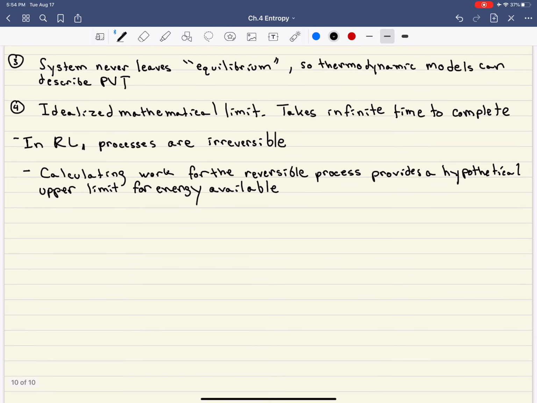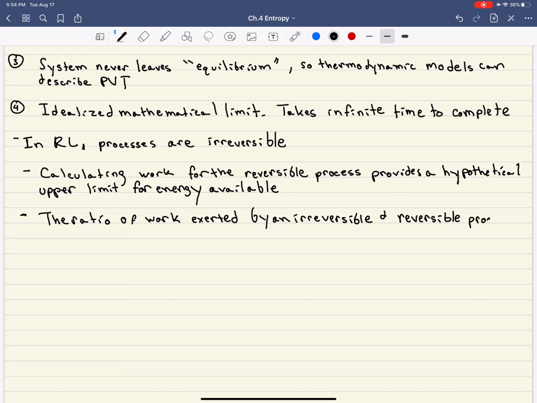And if we take a ratio of the work exerted by an actual process, an irreversible process, divided by the amount of work we would get from a reversible process, that would give us the efficiency of our irreversible process. So whenever we say how efficient is a process, that's what we're talking about. We're comparing the irreversible path to the reversible path.